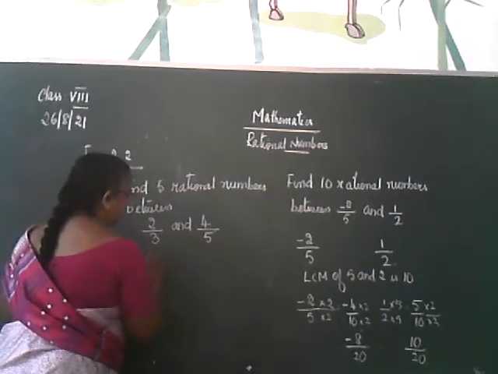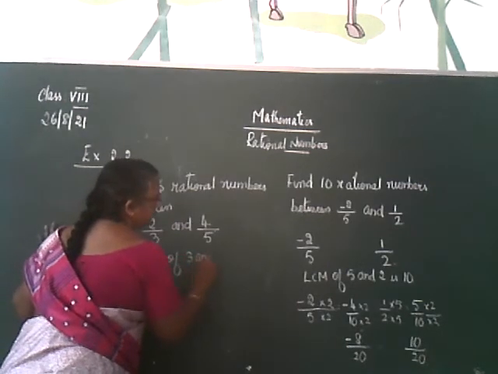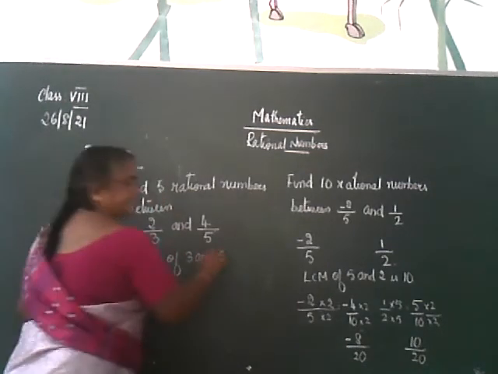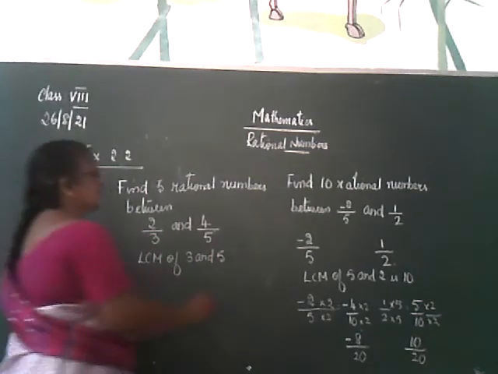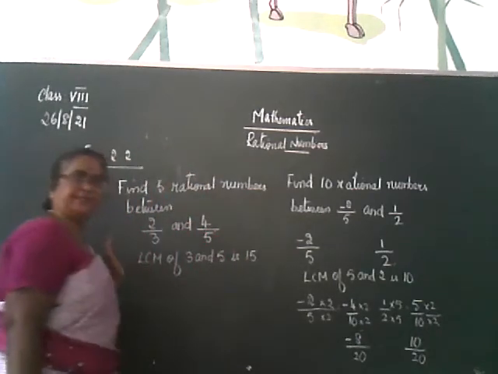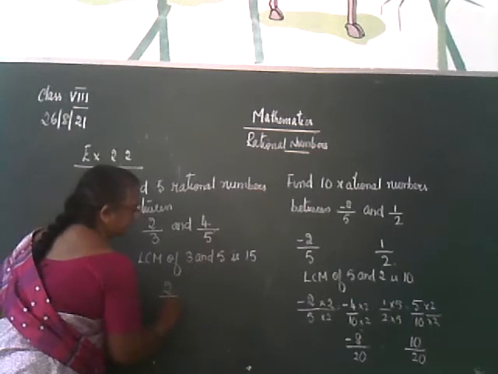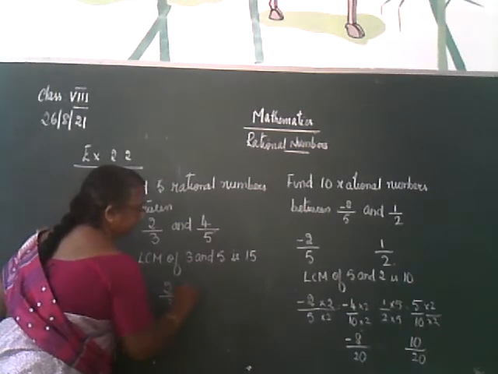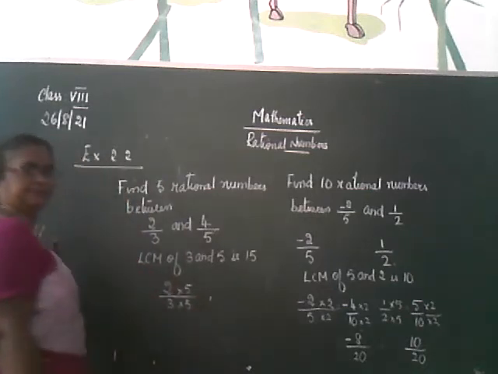So, what about 3 and 5? LCM of 3 and 5. Yes, both are prime numbers. So just multiply and write, 3 into 5 is 15. So for 2 by 3, if I multiply by 5 only, I will get 15.